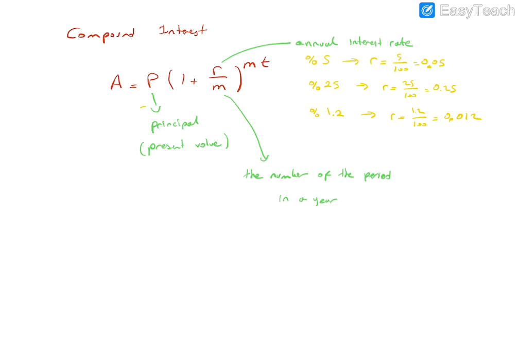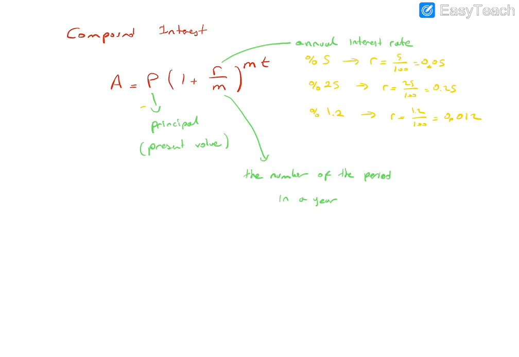What is the period? For example, you invest your money, your principal, monthly. There are 12 months in a year, so m is 12.